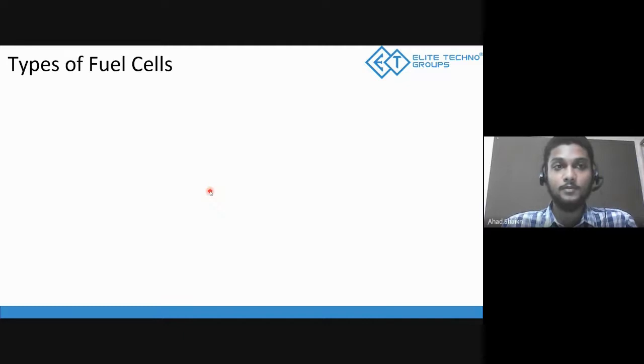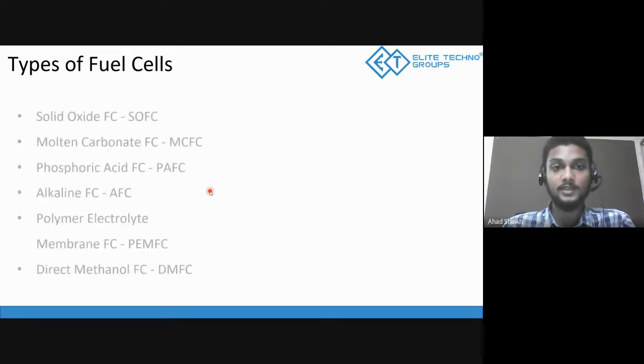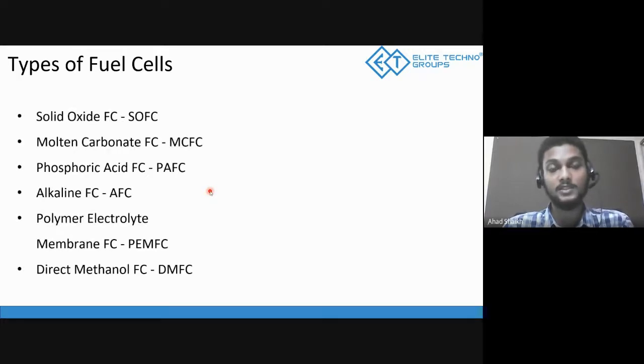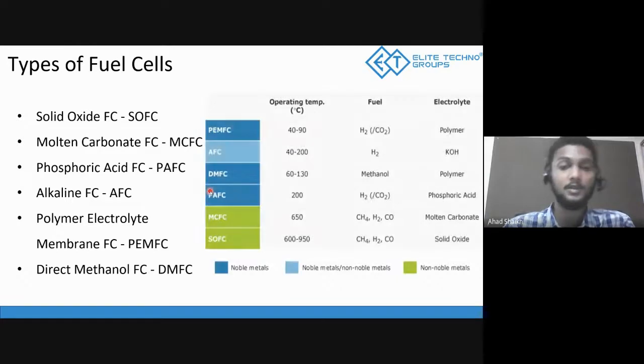Okay, so moving ahead, what are the different types of fuel cells? The hydrogen fuel cell is just one of them, but there are multiple fuel cells that scientists, chemical engineers, and researchers have come across and developed. There are solid oxide fuel cells, molten carbonate fuel cells, phosphoric acid fuel cells, alkaline polymer electrolyte fuel cells, and direct methanol fuel cells.